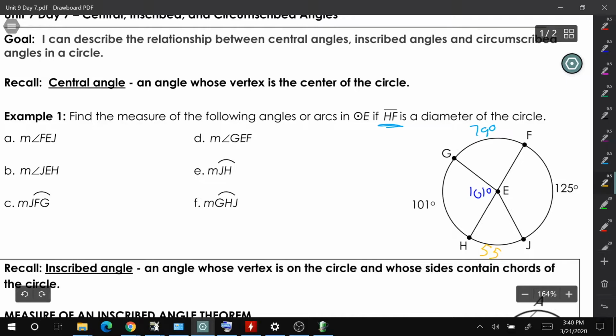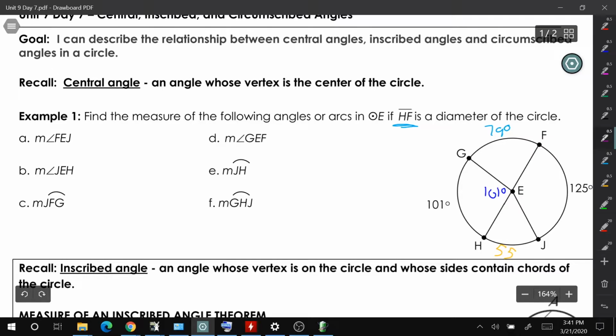So now I can go and answer the questions to the left. So the measure of FEJ, that angle is the same as this arc, so this will be 125 degrees. The measure of angle JEH is going to be the same as this, which is 55 degrees.